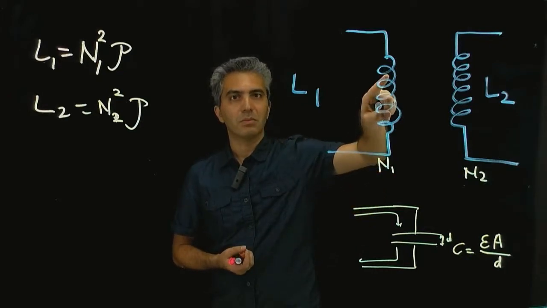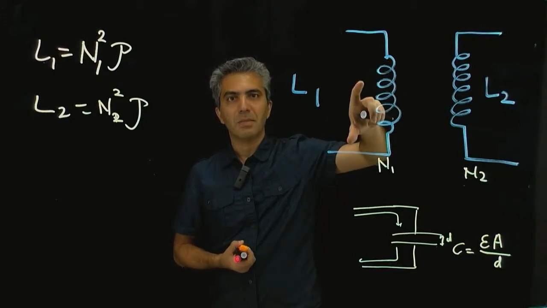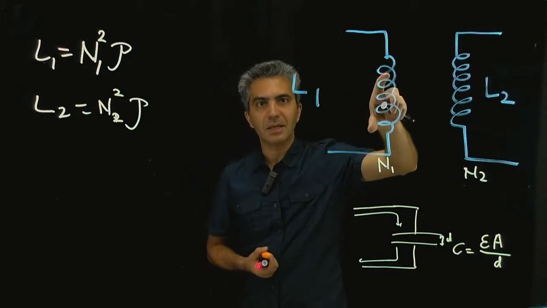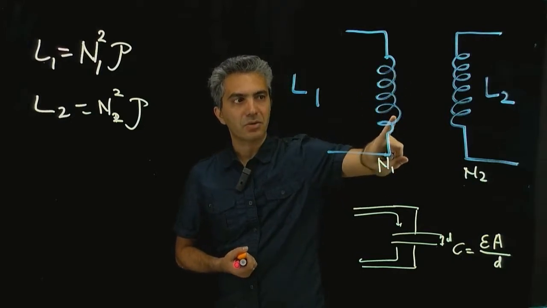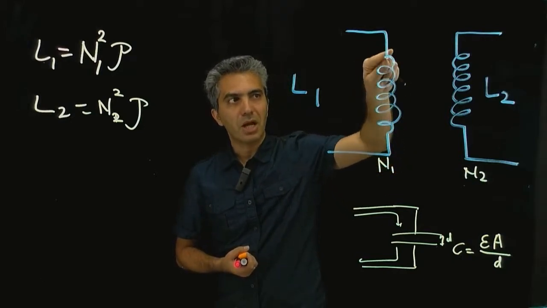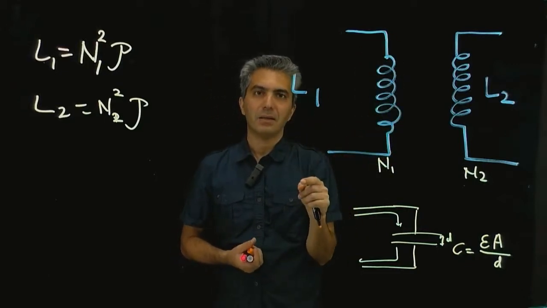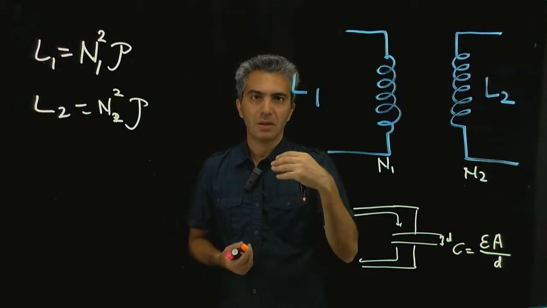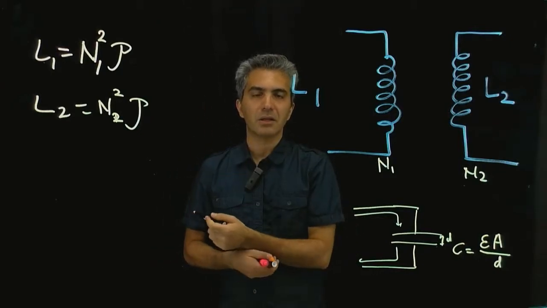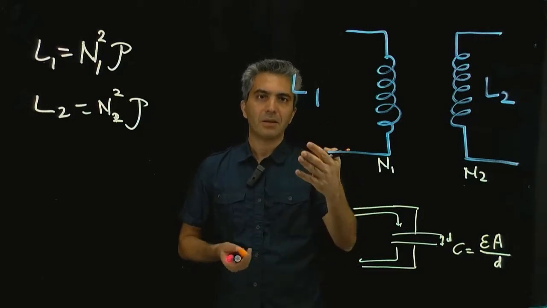So if I want to intensify the magnetic flux density, then I can simply change the medium within this loop, and with that the inductance is going to proportionally increase, which means I'm going to get more and more magnetic energy.